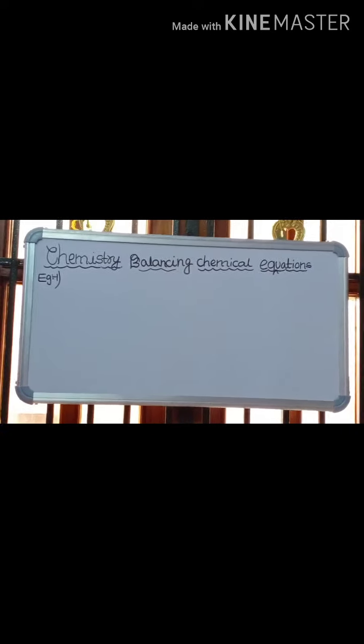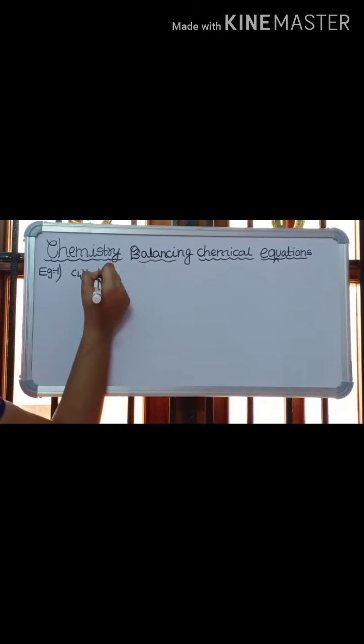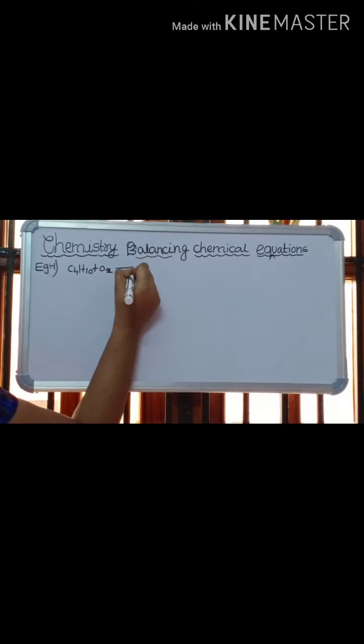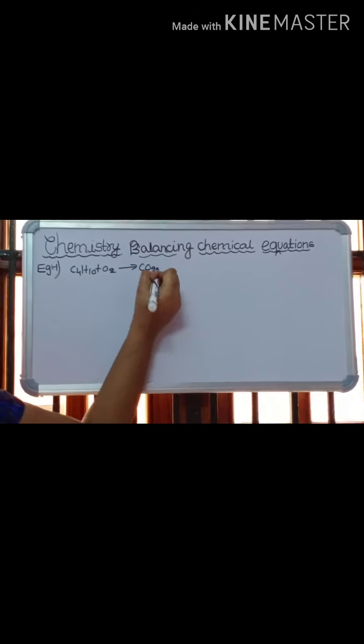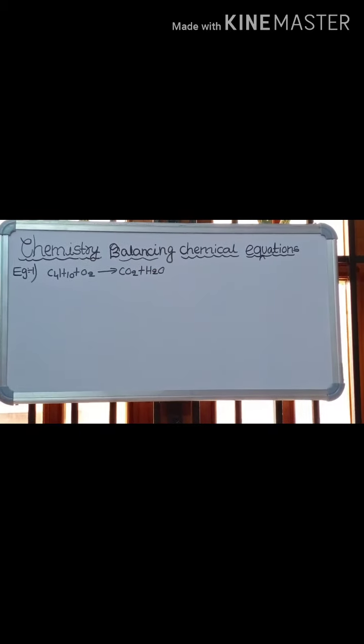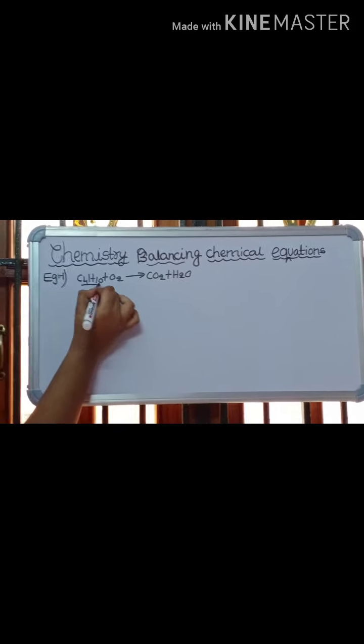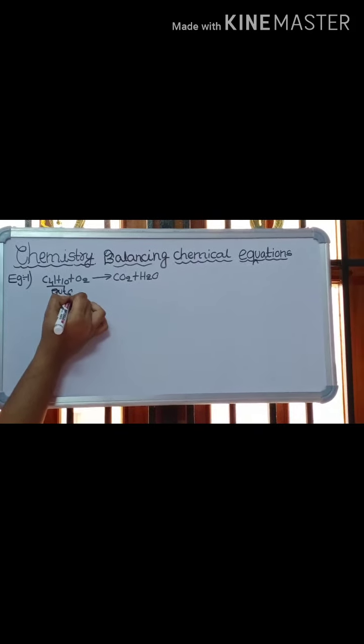Let us see with one example. If you burn butane in the presence of oxygen, it gives rise to carbon dioxide and water. This is our reaction which was given. What is butane? C4H10.